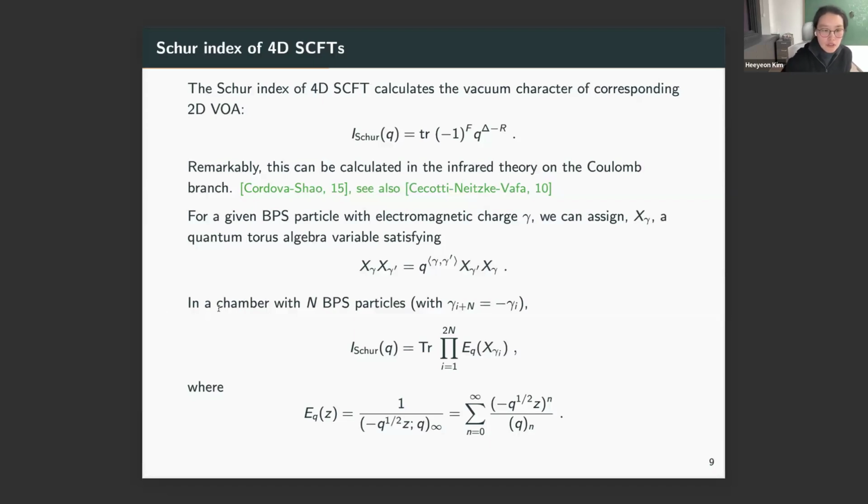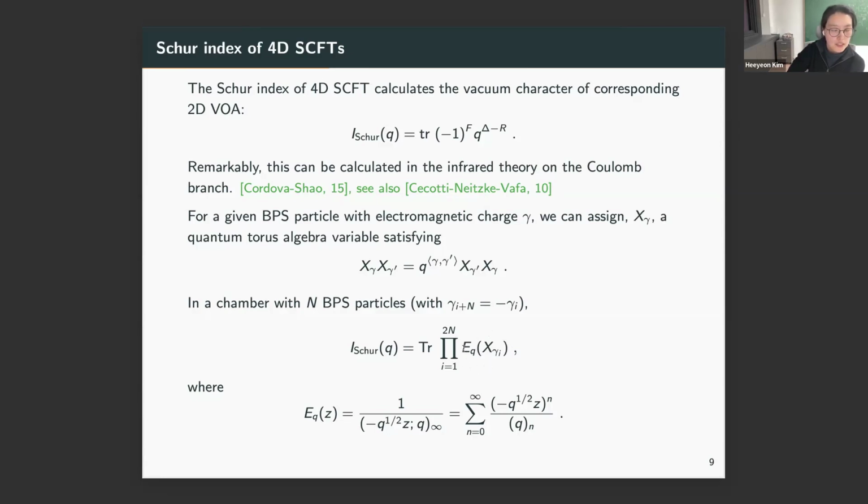And if you look at a chamber of this Coulomb branch that contains n BPS particles, say, then you can calculate the Schur index using this remarkable formula given by the trace over this quantum torus algebra, where inside this trace you have a product of Q exponentials.